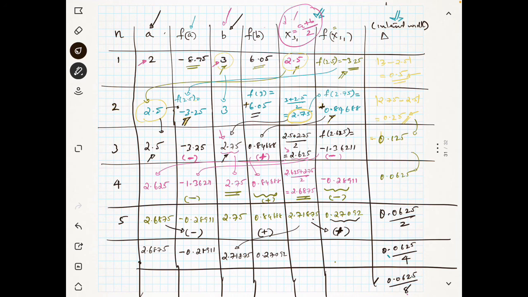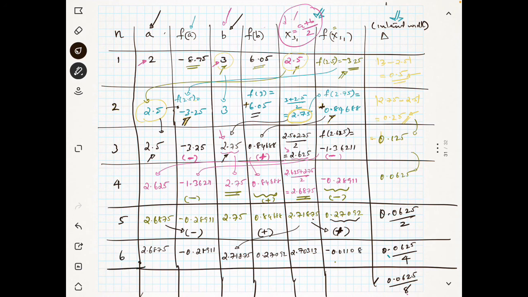Okay, now what is the new point? If we use 2.6875 and 2.7185, the new point will be 2.70313. That is the new point. Okay, and if we take the function value of that point, it is nothing but minus 0.01108, and the error will of course follow this pattern.